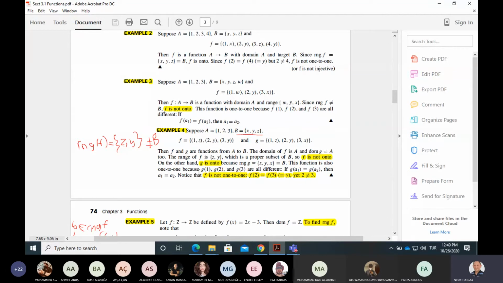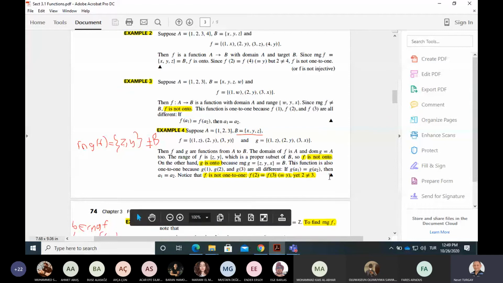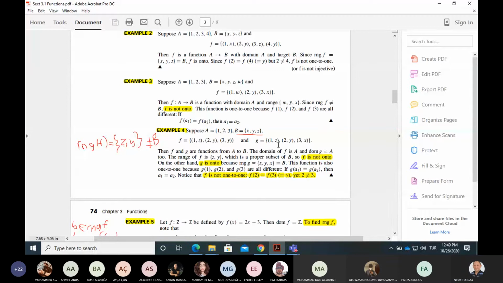So this is not onto. On the other hand, g is onto because the range of g is z, y, x. This is exactly B. Now, this function, the g guy, is also one-to-one because g1, g2, g3 are all different. Okay, g1 is z, g2 is y, g3 is x. If g of a1 is equal to g of a2, then yes, a1 is equal to a2.